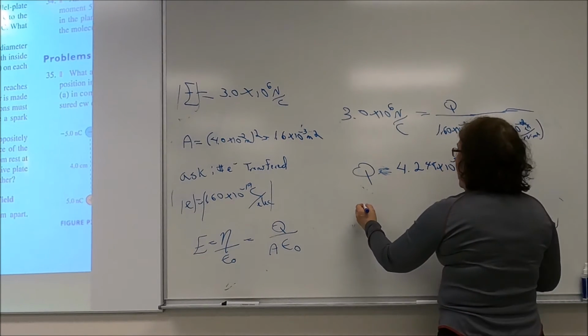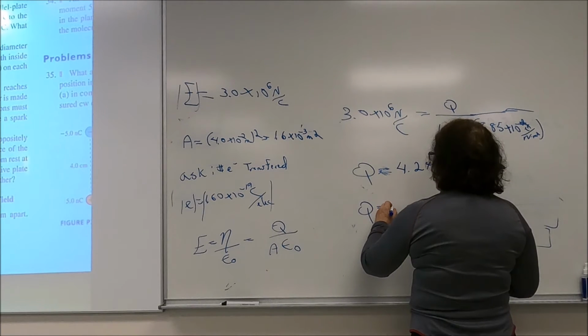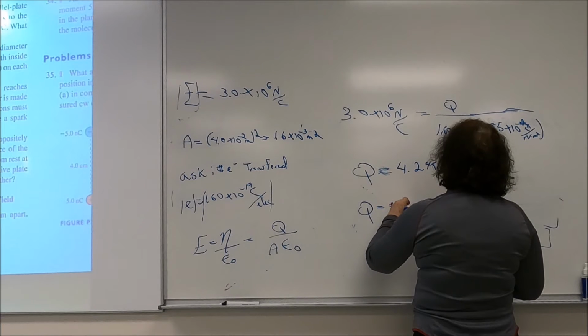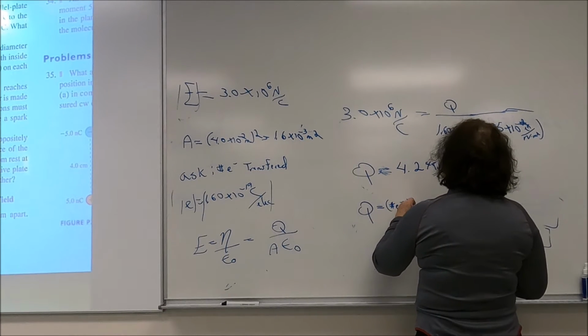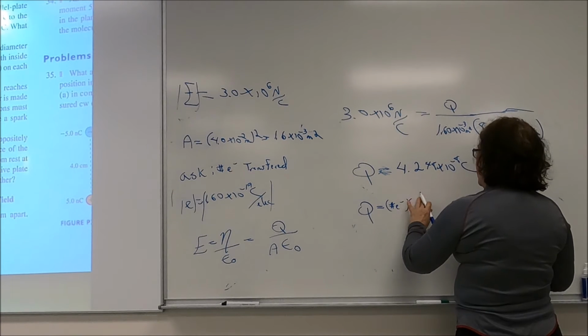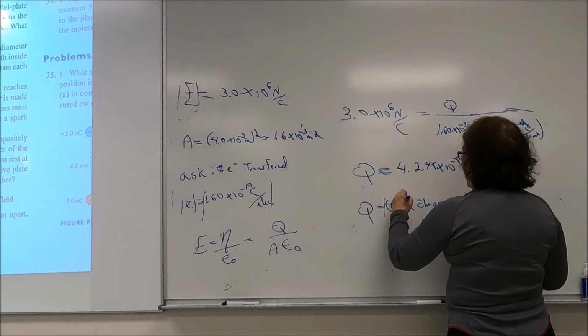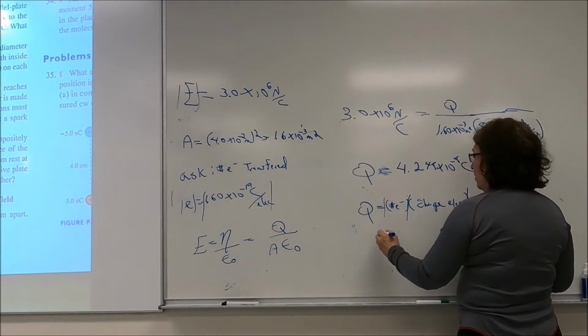Okay? And we know that Q is going to equal the number of electrons times the charge of an electron, and the magnitude there.